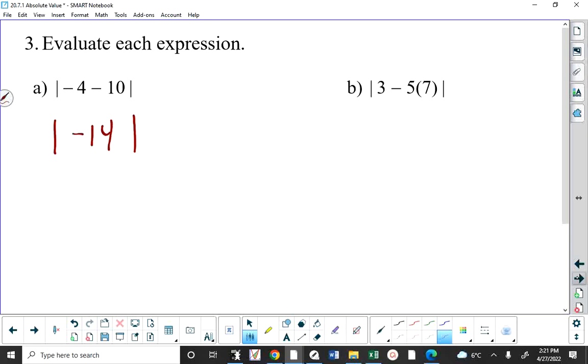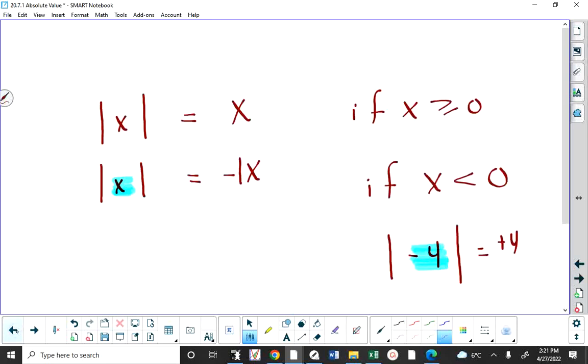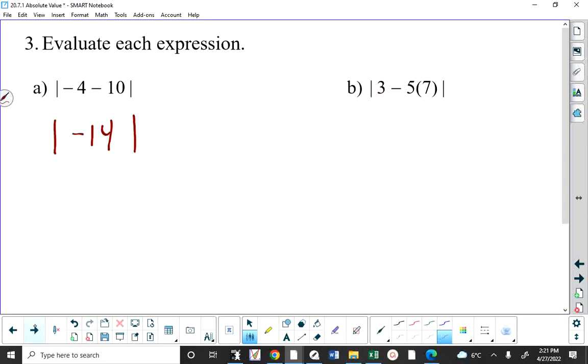And then we say, since we're taking the absolute value of a negative number, we have to take that negative number and multiply it by negative 1 to make it positive 14.